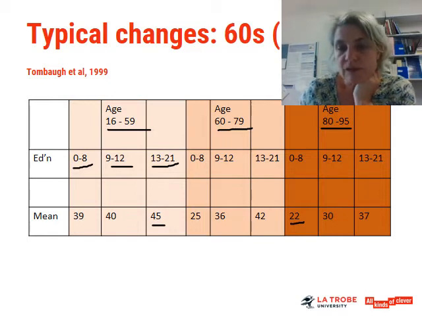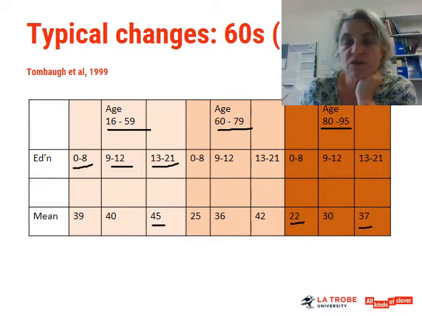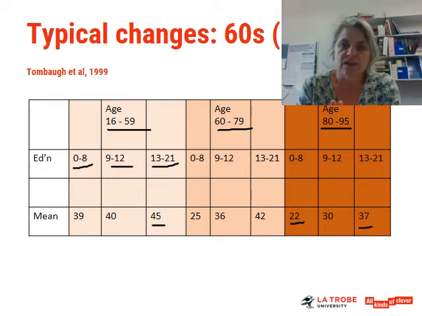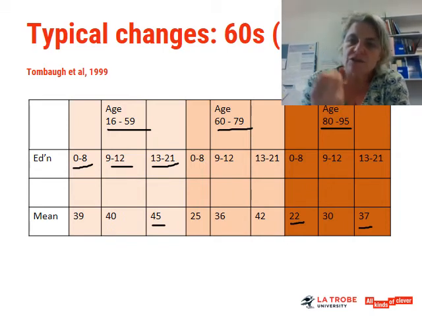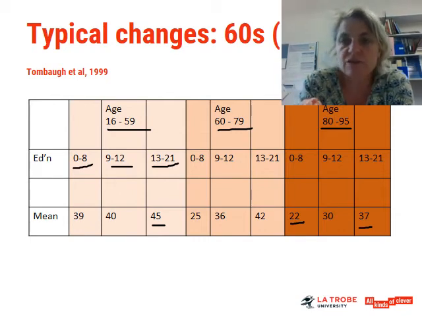But in the same age group, if they've had 13 to 21 years of education, they're coming up with almost double the number of words. So the important message here is that it's not just people's age that makes a difference to their ability to think of words. Education has a huge influence as well.